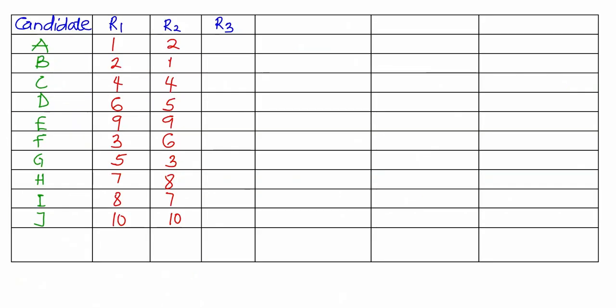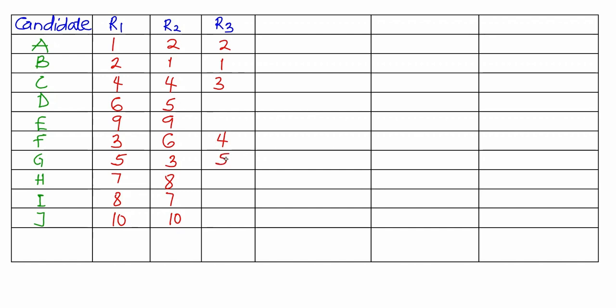So we can clearly remember that for examiner 3, candidate B was the first rank, so we write 1. And then A was the 2nd rank. And then we can see that C was the 3rd rank, so we write 3. F was the 4th rank, so we write 4. G was the 5th rank, so we write 5 here.